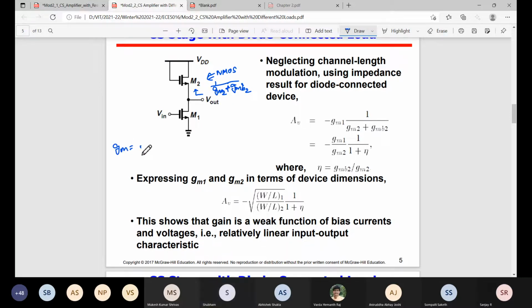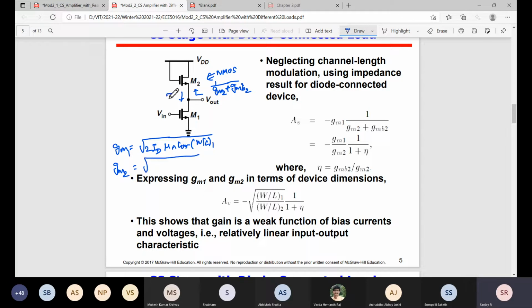Kn dash root of VGS minus Vth, that is root of 2 ID. I will write in terms of current because the same current is flowing through both the load and the driver. So gm1 is root of 2 ID mu n Cox W by L1. Similarly, what is gm2 of transistor M2?